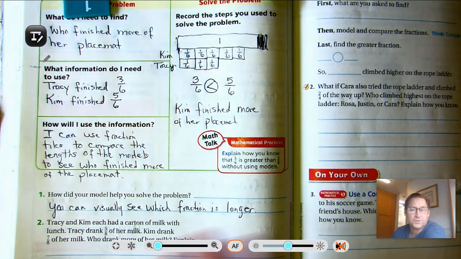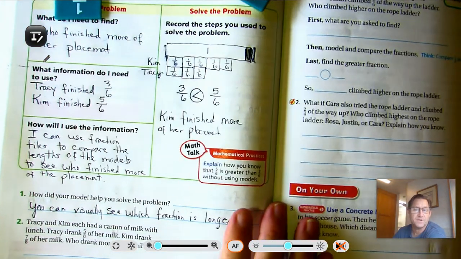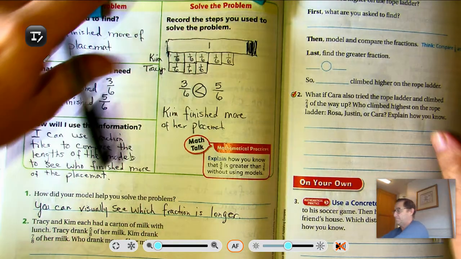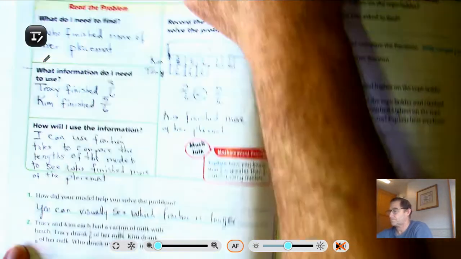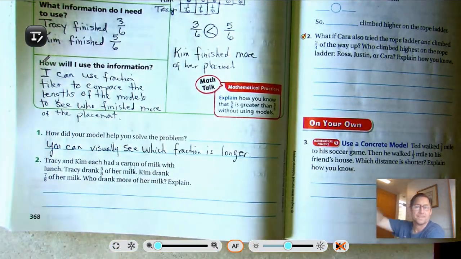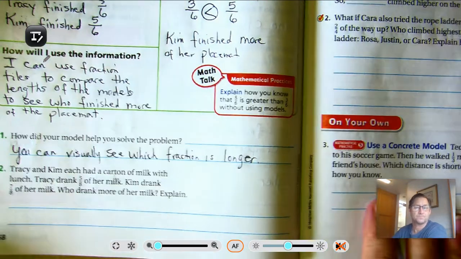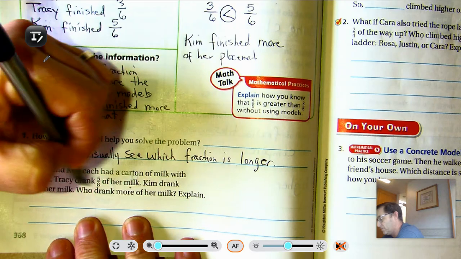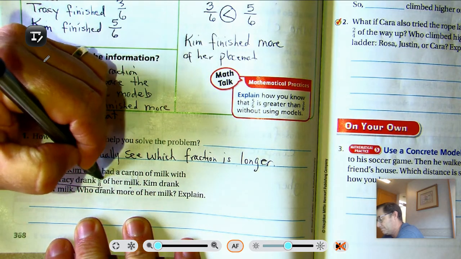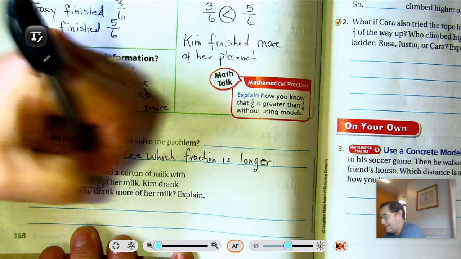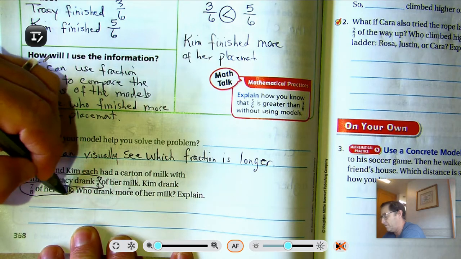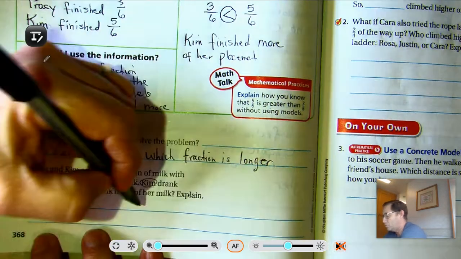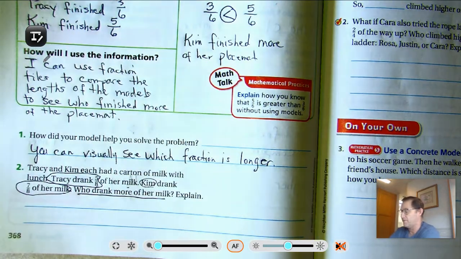All right, 2. Tracy and Kim each had a carton of milk with lunch. Tracy drank 5/8 of her milk. Kim drank 7/8 of her milk. Who drank more of their milk?